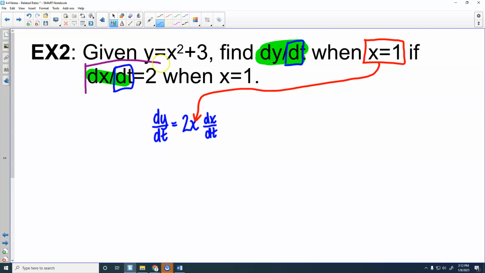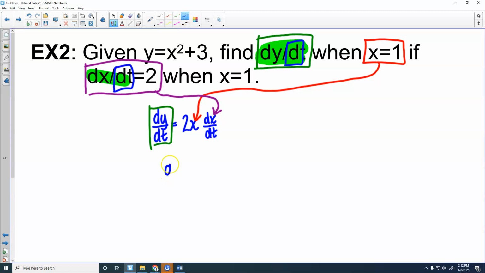So dx/dt equals 2 is going to go right here. And then it was asking us to find dy/dt, which is this over here. All right, so that plugs everything in that we need. We got dy/dt equals 2 times 1 times 2, which will give us 4. So dy/dt equals 4.